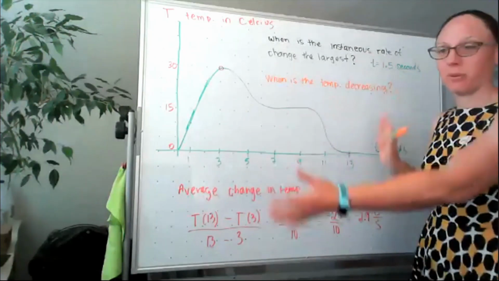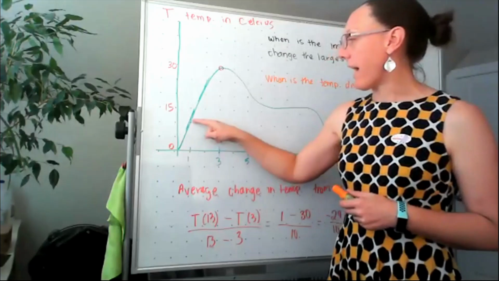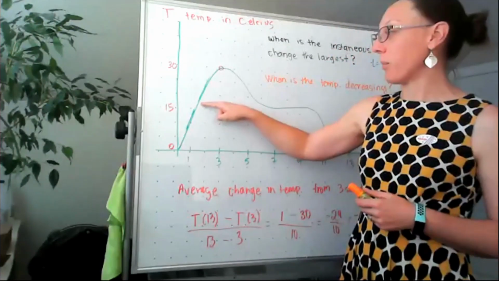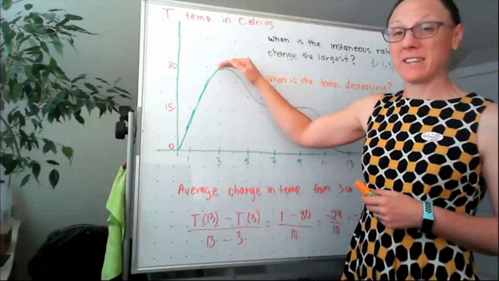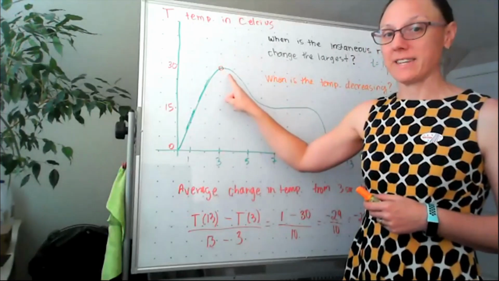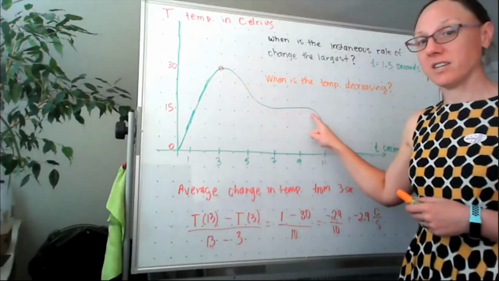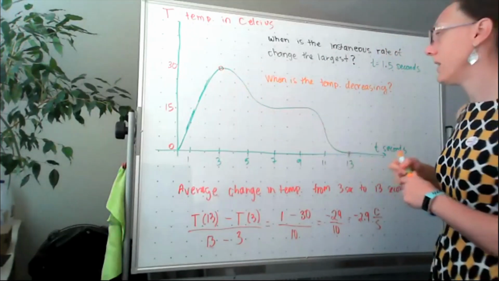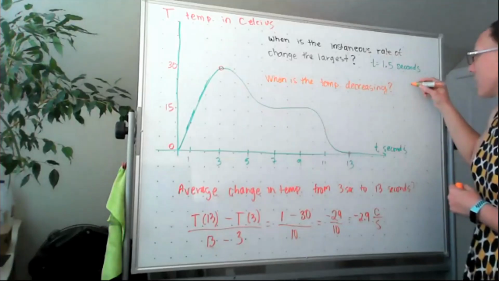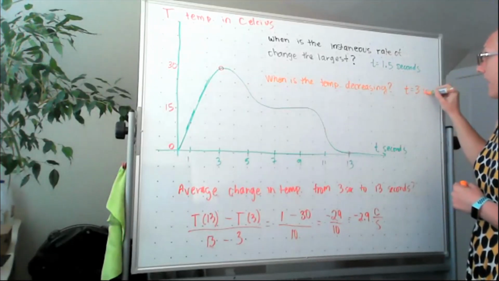And it definitely would fall under that category. So in this part of the graph, my temperatures are going up, up, up, but 30 is the max temperature that we hit. And so right here at 3 seconds, that's when our temperature starts to decrease for the first time. So our temperature starts decreasing at t equals 3 seconds.